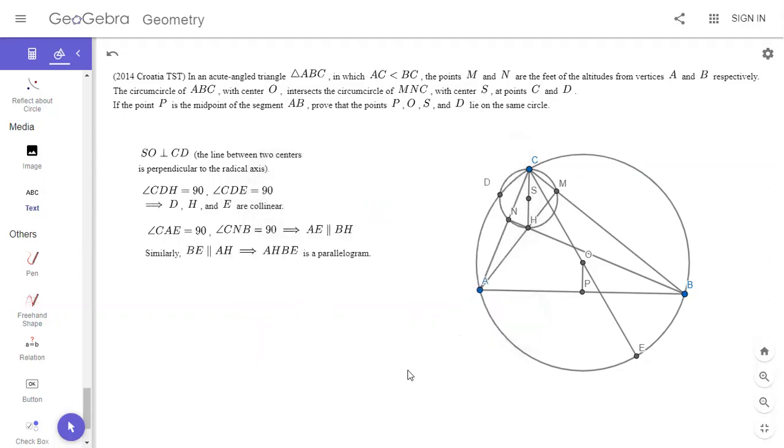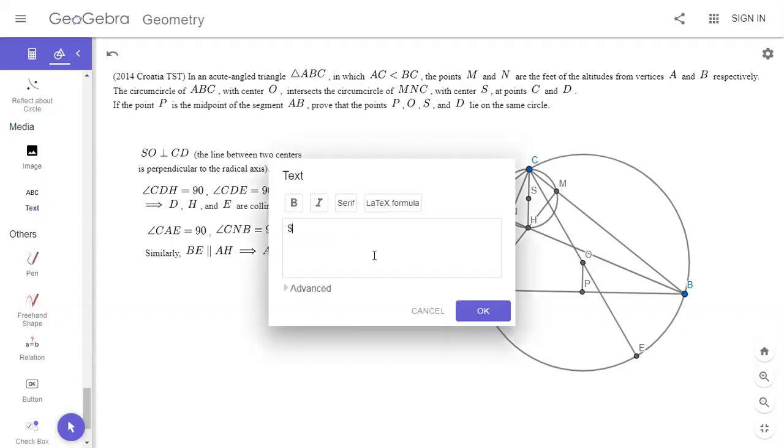So HP, so that means DHP and E are all collinear.